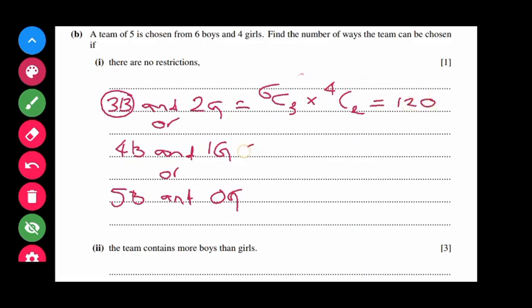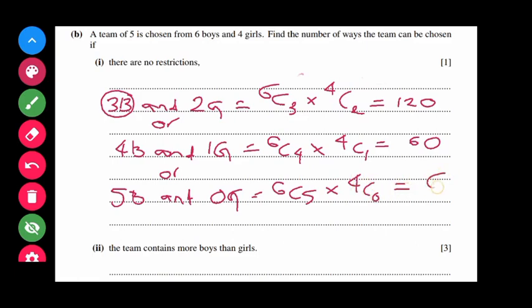Now this arrangement. 4 boys out of 6. So 6C4 into 1 girl out of 4. So 4C1. We get it as 60. This one 5 boys out of 6. So it is 6C5 into 4C0. 0 girls out of 4.